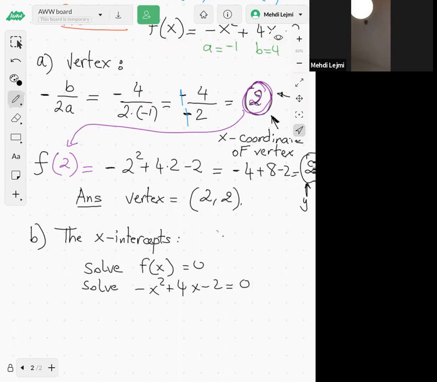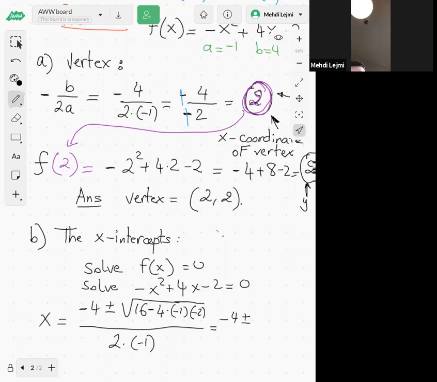If you don't know how to factorize, just use the quadratic formula, right? So x is minus b, so minus 4 plus or minus the square root of b squared, that's 16, minus 4 times a, which is negative 1, times c, which is negative 2, over 2a, so 2 times negative 1.